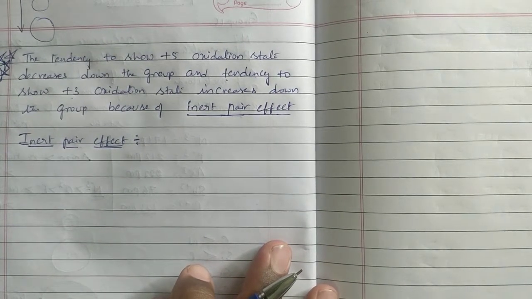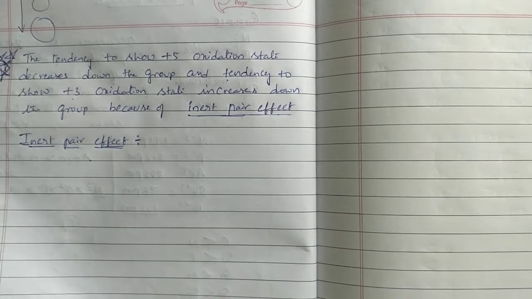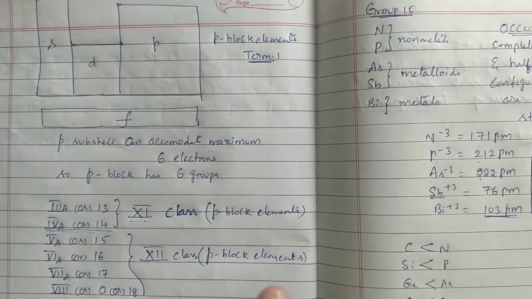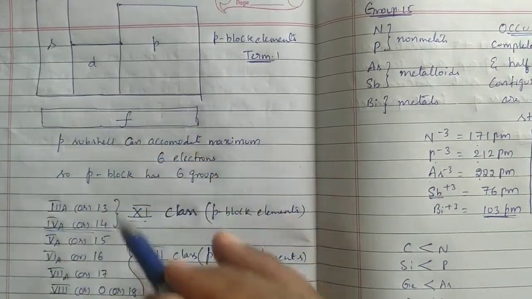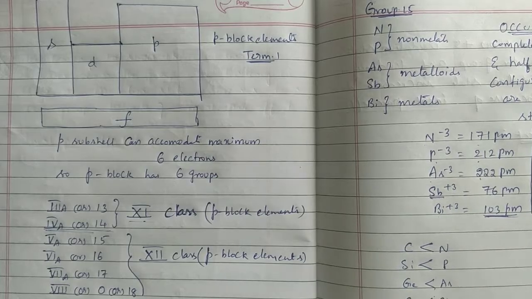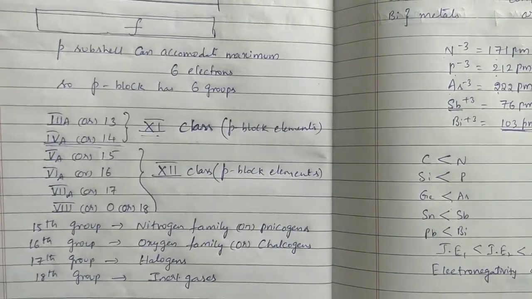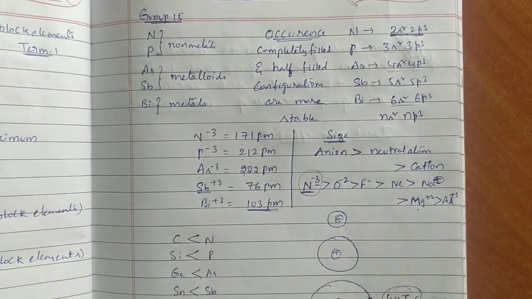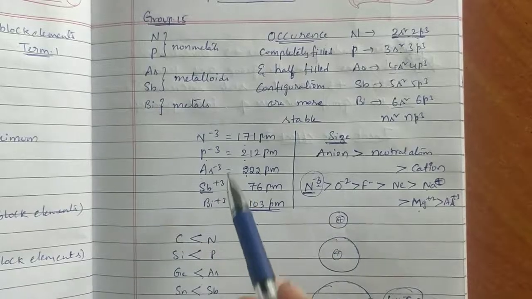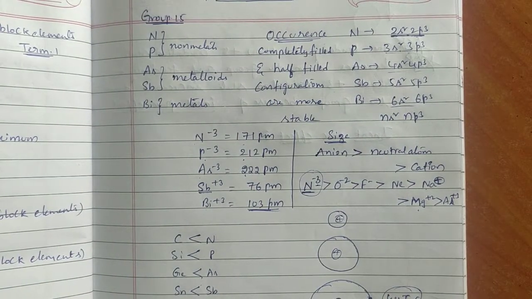I hope in today's class whatever we have discussed is clear. In today's class we started with the introduction part, the periodic table, and what the P block elements are. In this topic, I have written all the concepts we are going to study. After that we started with group 15 elements, occurrence, and physical properties.